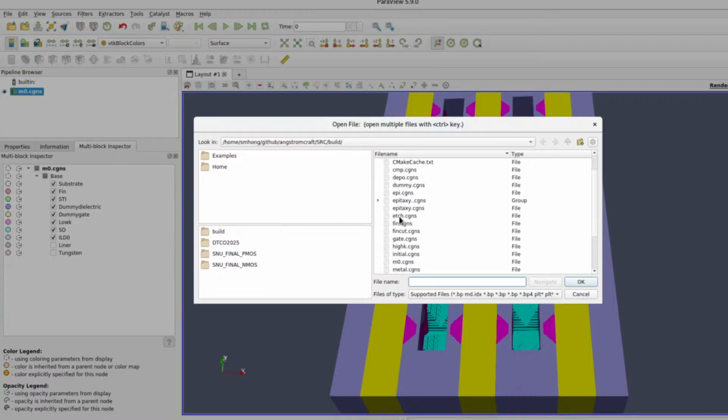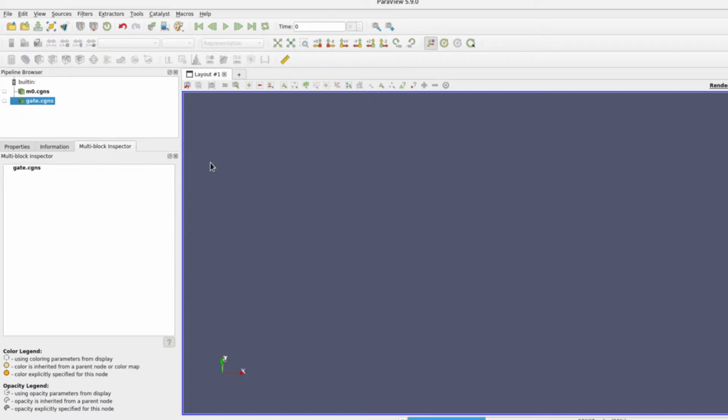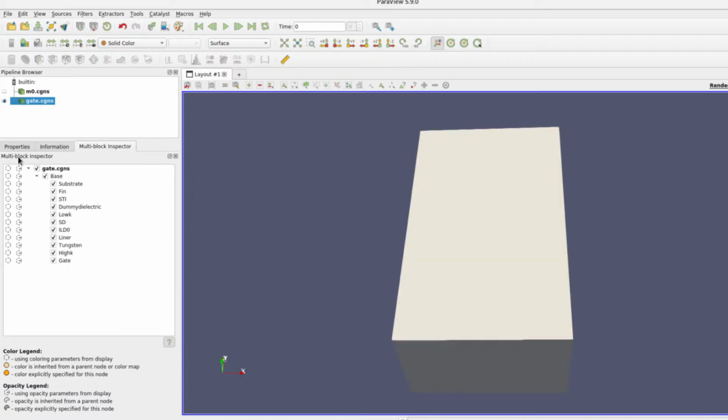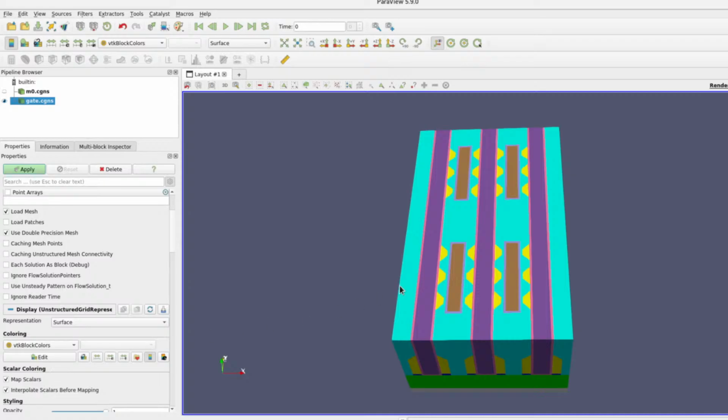Why don't we now load the gate.cgns file and visualize. Okay, so now you can see that this corresponds to the gate metal.